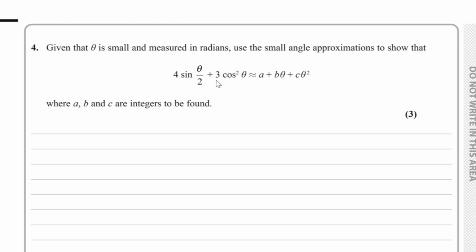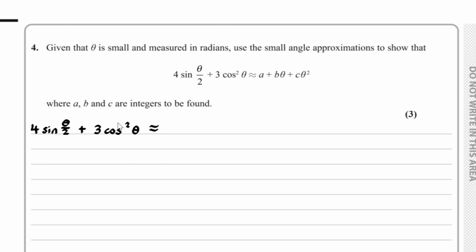Let's begin by copying out what we have on the left hand side. We have 4 times by the sine of theta over 2 plus 3 times by the cosine of theta squared.